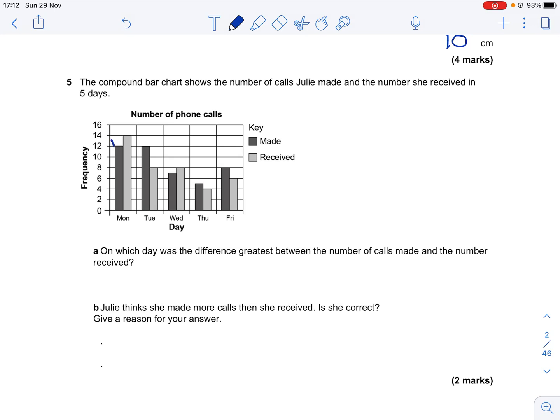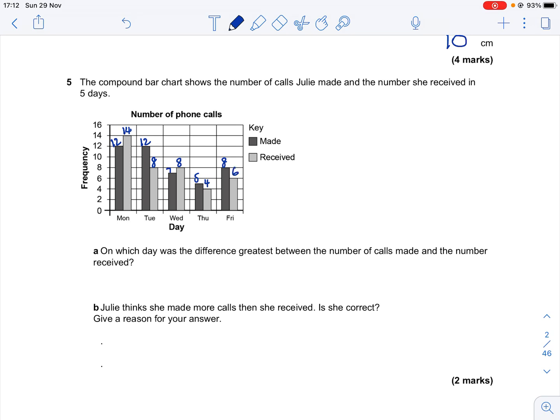On Monday, we made 12 calls and 14 received. So we're just going to label them. Tuesday, 12 made and 8 received. Then 7, 8, 5, 4, 8, and 6.